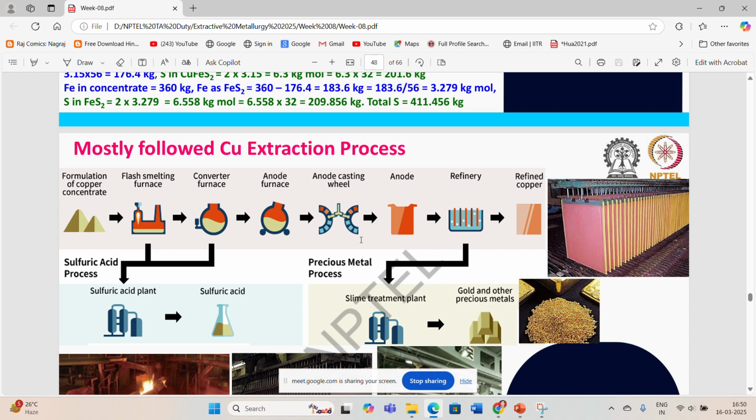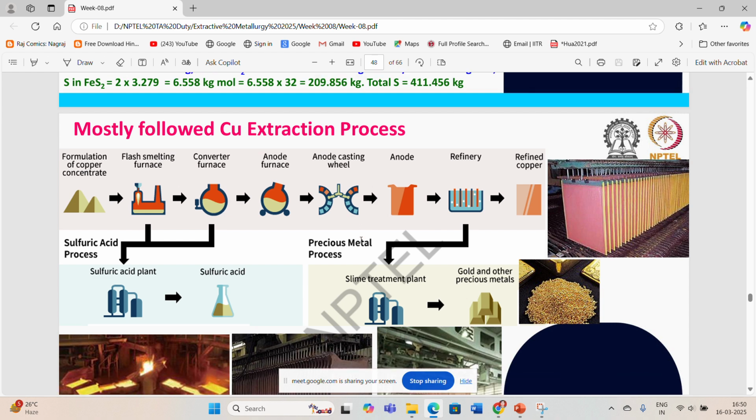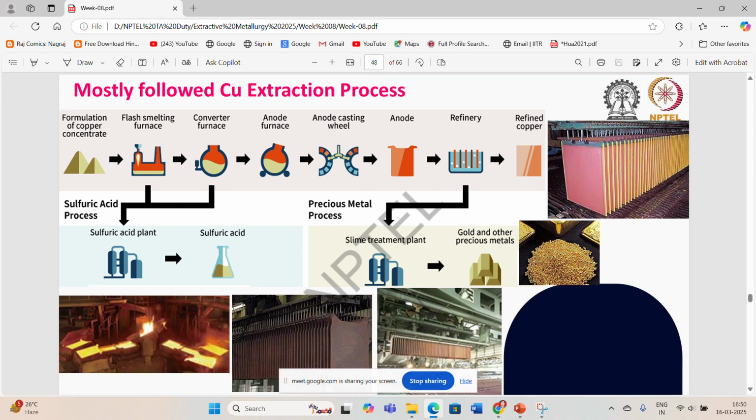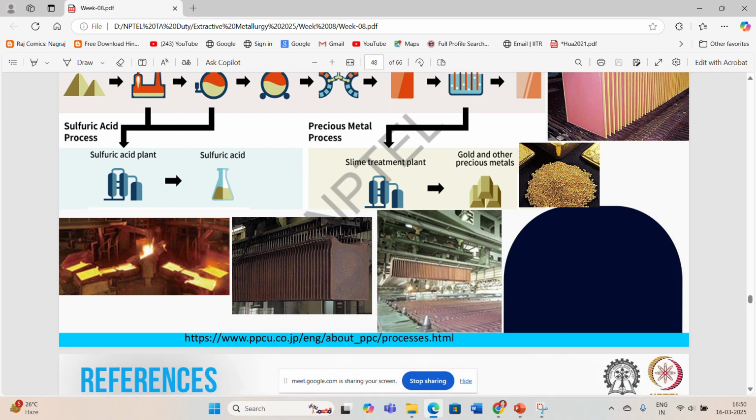They produce refined copper, while the anode sludge is treated for precious metal recovery, like gold and other precious metal values from this anode sludge. While the SO2 gas produced during the converting process is generally converted into H2SO4 for hydrometallurgical operations.